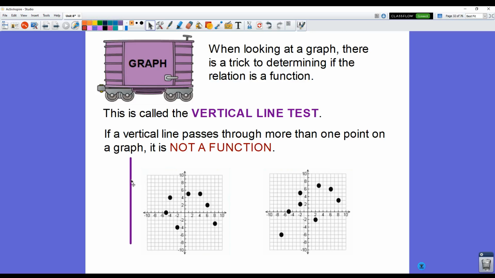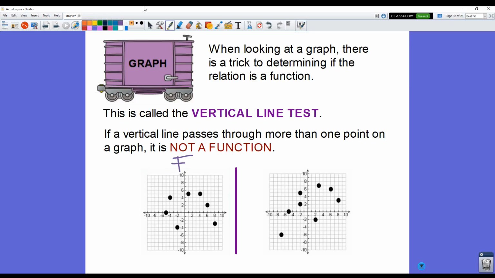I'm going to pull this vertical line across it. If this line hits two points at the same time, then it is not a function. But you can see it only hit one point at a time. So this first one would be considered a function.